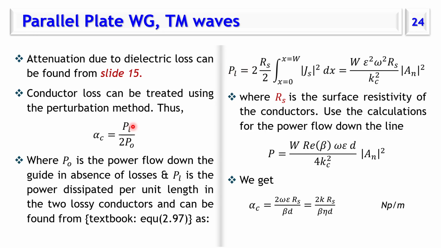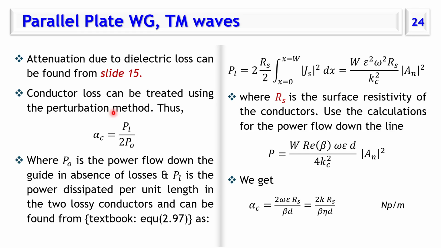If we have the conductor power loss and we have the power flow, and because it is AC, we have the factor of 1/2. So the conductor losses will equal this expression.